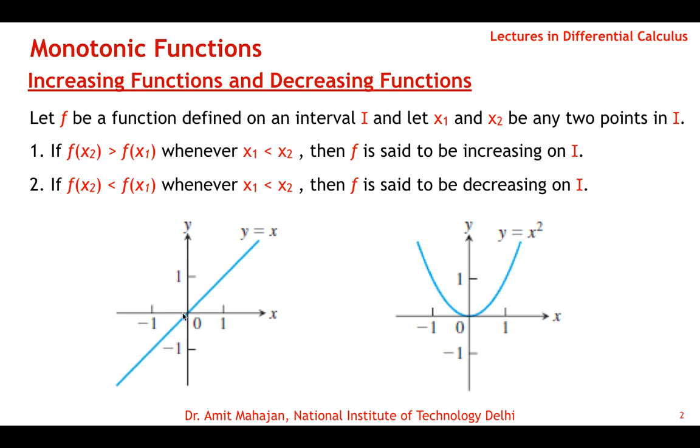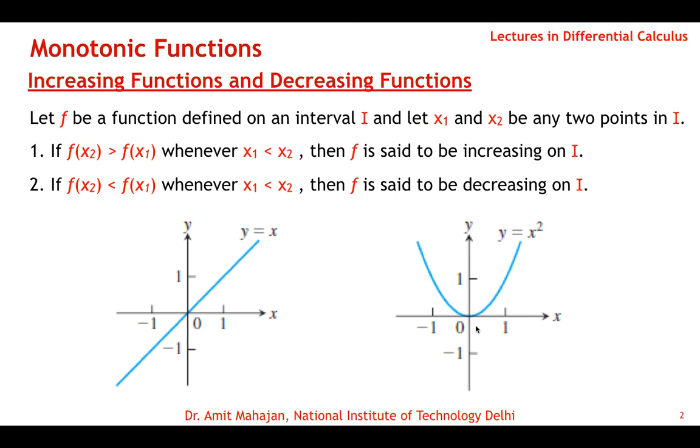So here are two examples: this function is increasing for all x in the domain of the function, and this function is decreasing for all x on the left side of the origin, and increasing for all x on the right side of the origin.